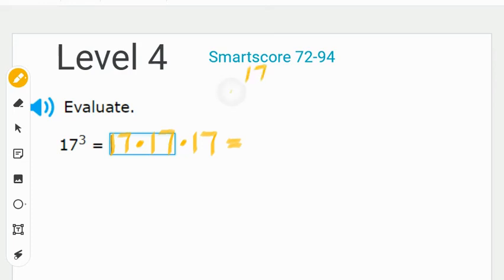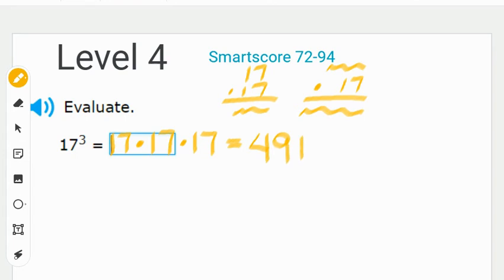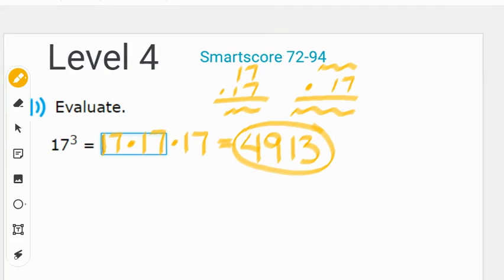So take 17 times 17, get some answer, and then take that answer and multiply it by a third 17 to get the final answer. You could do it that way. It would take a little while, wouldn't be impossible, but here, with a calculator, I calculated it out to be 4,913 when you multiply 17 times itself 3 times. 17 cubed is how we could say it.